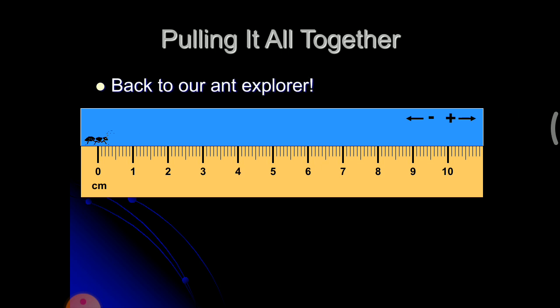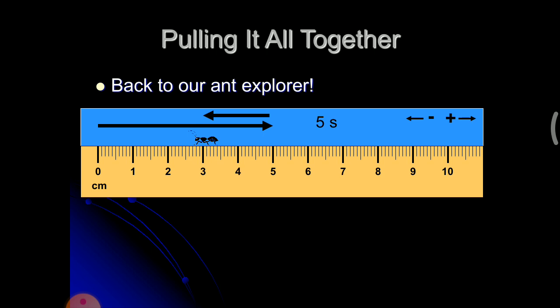Back to our ant explorer. Once again, look at this activity. Here the ant travels 0 to 5 in 3 seconds and 5 to 3 centimeter in 2 seconds. So within 5 seconds it traveled 7 centimeter.